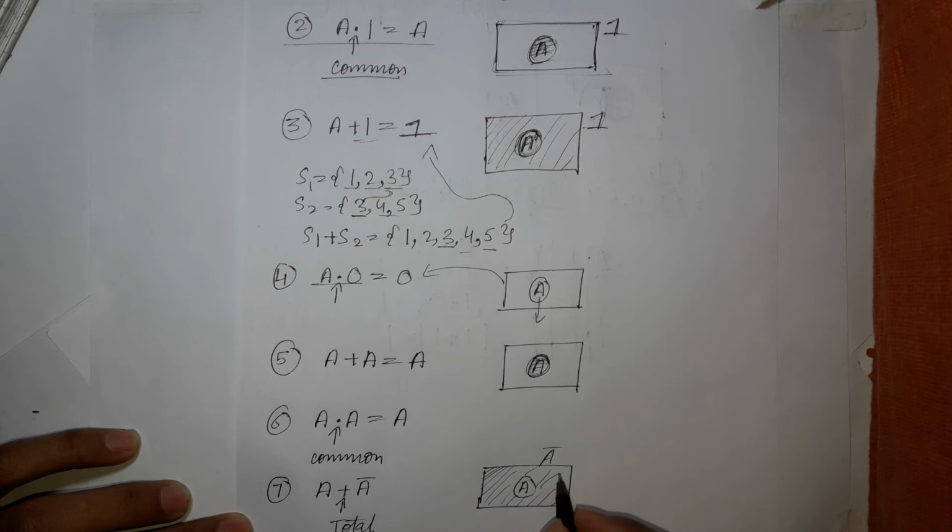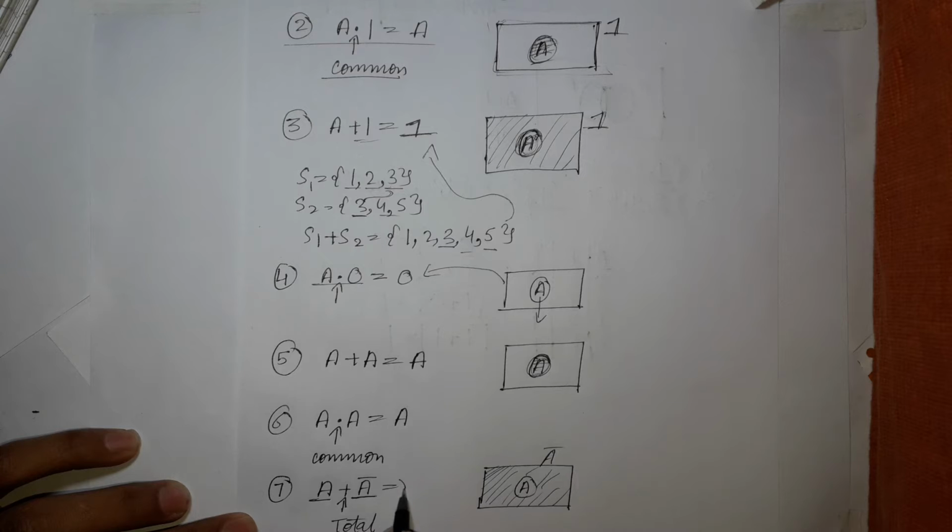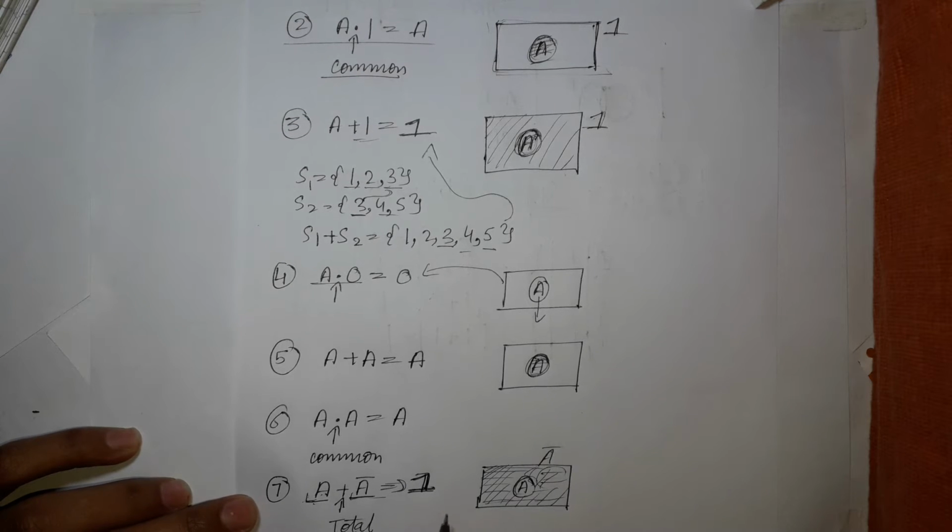Now the total region covered by A and its complement is nothing but 1. Now why 1? Because A is covered and the outside of A, that is this region, is also covered. So the total portion covered by A and outside A is nothing but 1 itself. Okay, I hope this was clear.